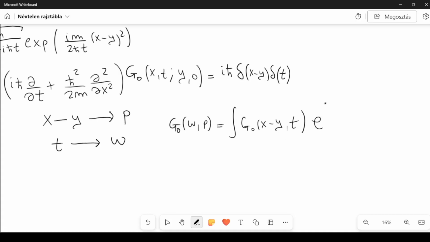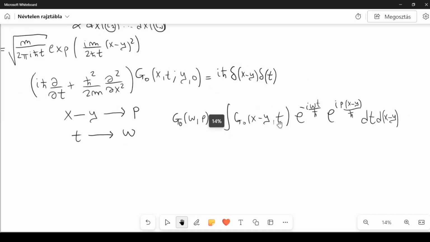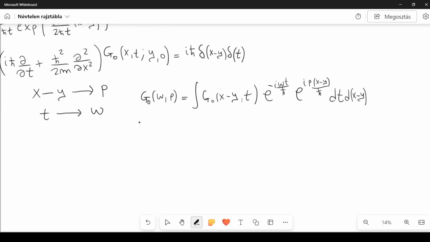Then here you have some complex exponentials, e to the minus i omega t over h bar, e to the i p (x minus y) over h bar. You integrate over t, and also you have to integrate over x minus y, like this. And the inverse transform, of course, can be defined like this.